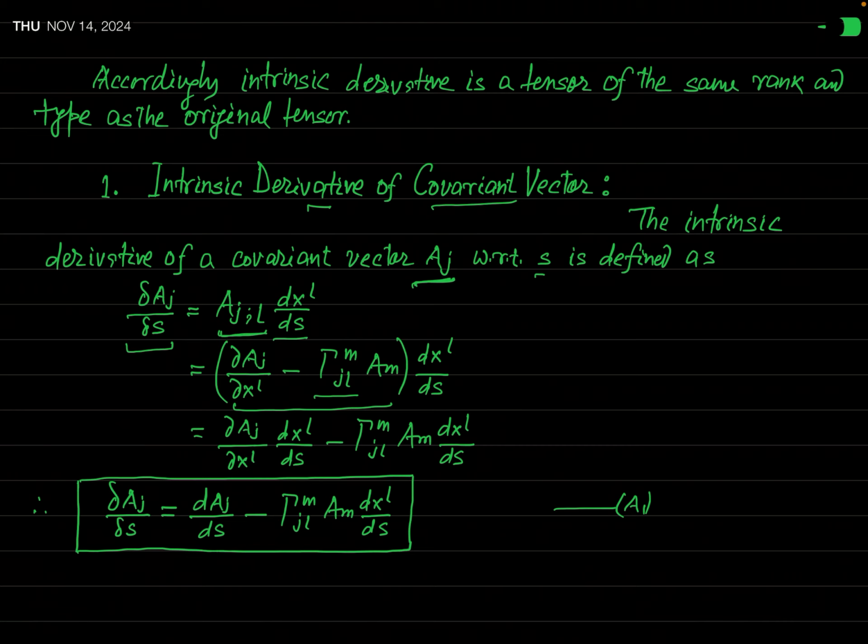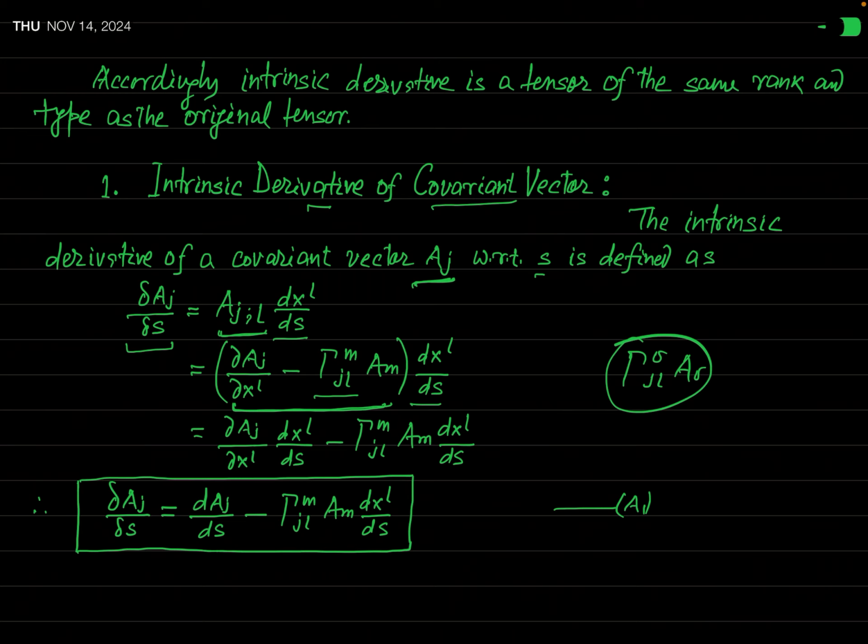Here this m is the dummy index. In place of this m, you may write any symbol. For example, if you write this as gamma sigma jl and a sigma, that will be all right. So instead of m, you may write any symbol. So this is the value of the covariant derivative of aj with respect to l, or with respect to xl, and it is multiplied by this much.